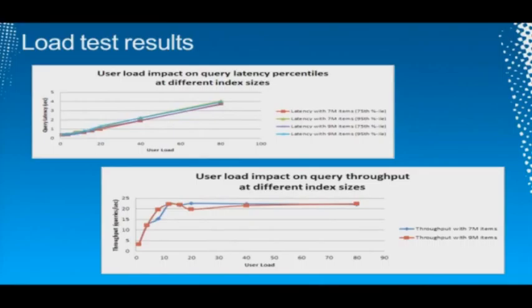But it does show you the impact that can be applied when you start thinking about the concurrency of our users. So here's an example where on the top one we've got 7 million and 9 million items. We can see that as the user load of concurrency goes up, so does the latency, the seconds it takes to return the results to the user. If we look at up to 20 concurrent users, you're in sub 1 second returns.